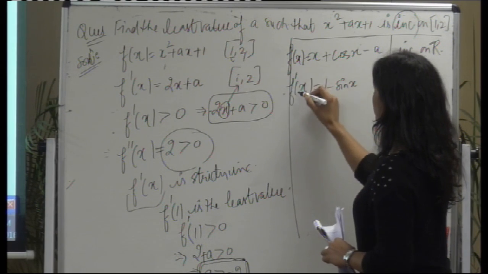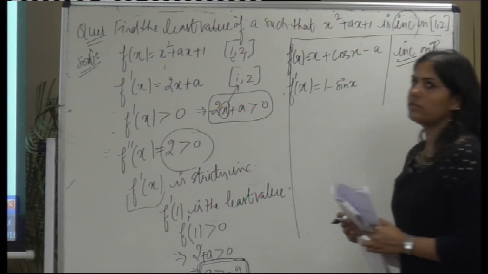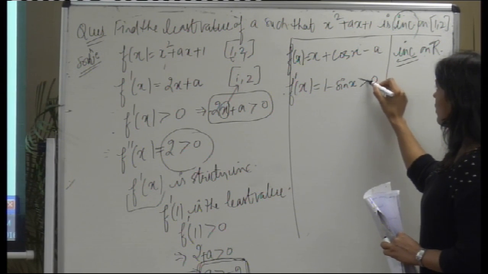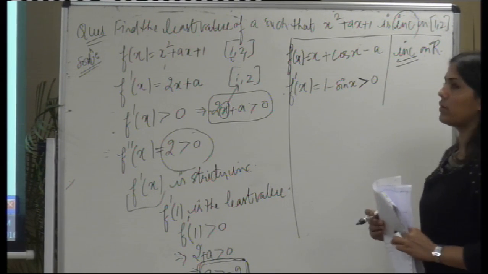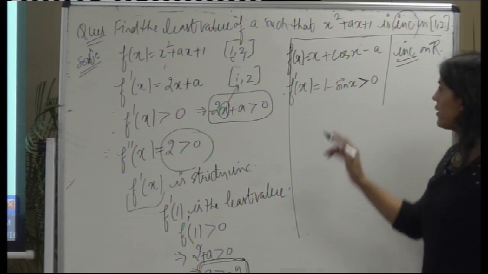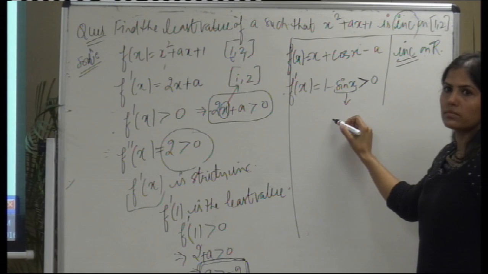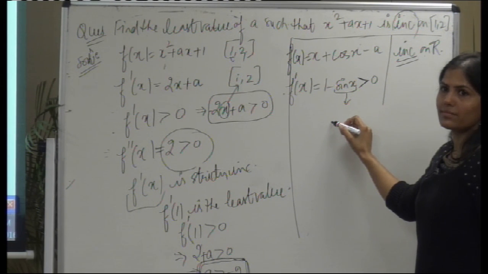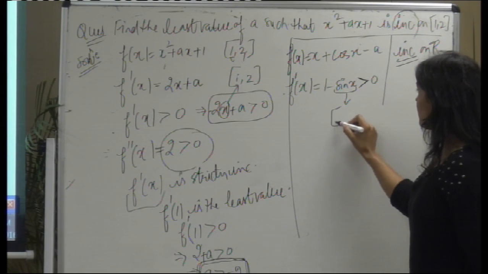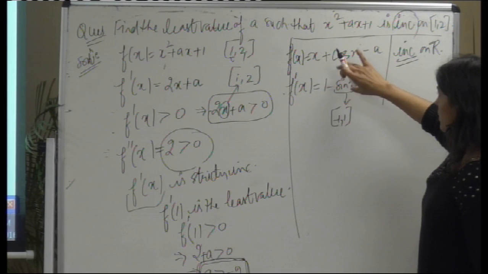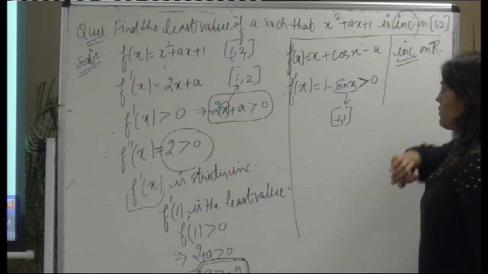This is the derivative, and this is given to be... Sin x values lie between -1 to 1. Put in any value now and just see whether this function is negative or positive.